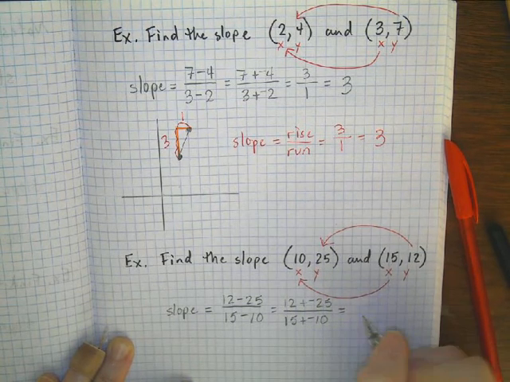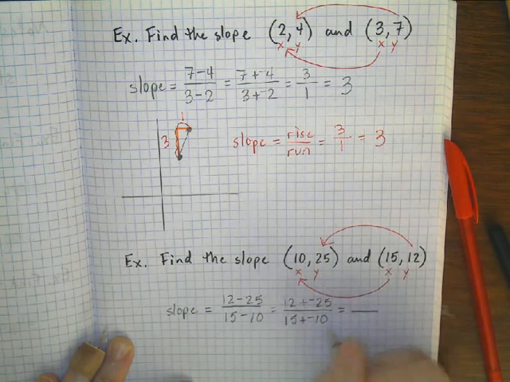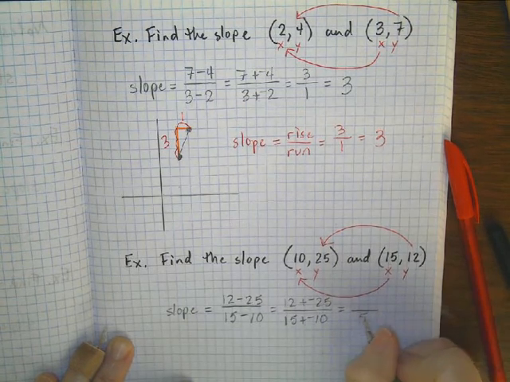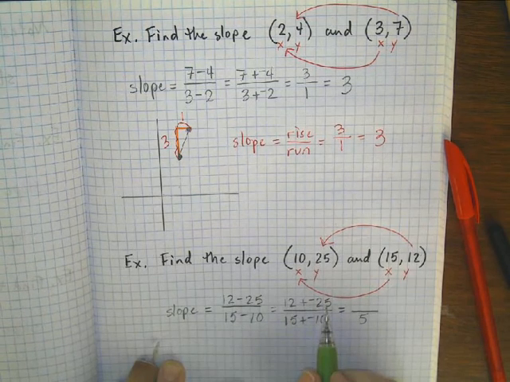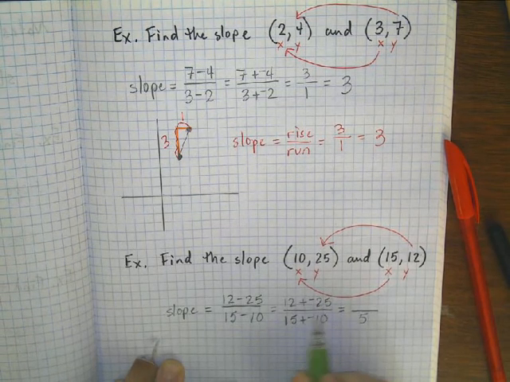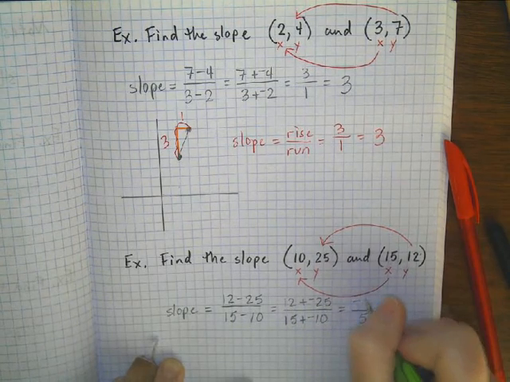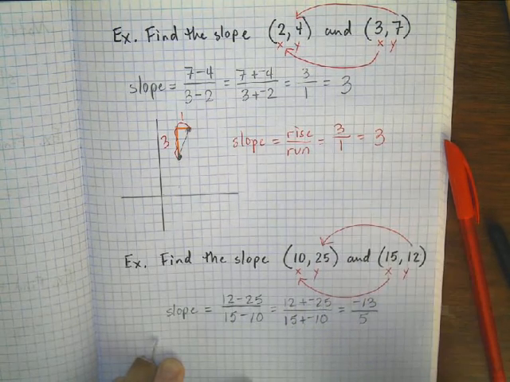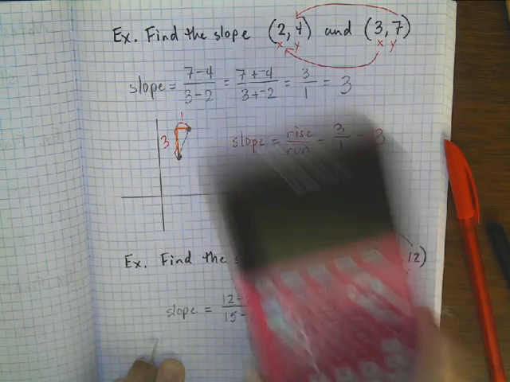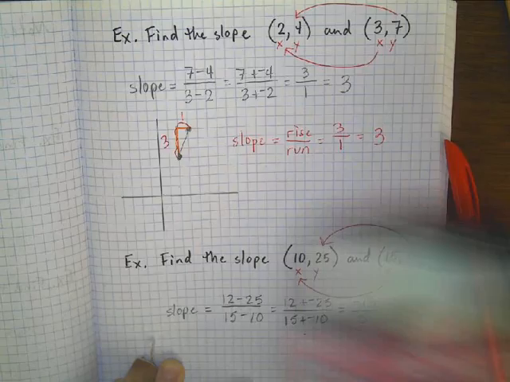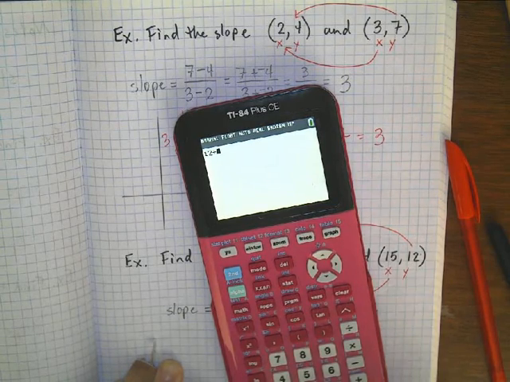I'm going to do the bottom first. 15 plus negative 10. I have more positives than negatives, so that's positive 5. And here I have more negatives than positives, and that would be negative 13. Whew. I can check that on my calculator if you're not sure. We can check that. 12 plus negative 25.